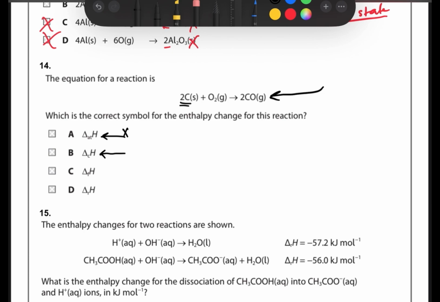And just one more thing, the product is carbon monoxide. In combustion, the product has to be carbon dioxide. So this is not. And for C, you notice that we have 2 moles of carbon monoxide. It's not acceptable for formation. It has to be 1 mole of a product. Definitely the answer is D.